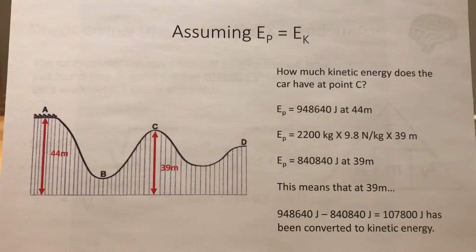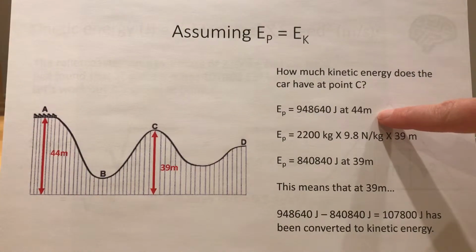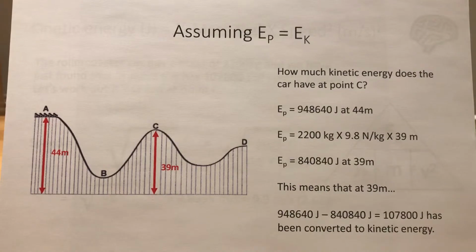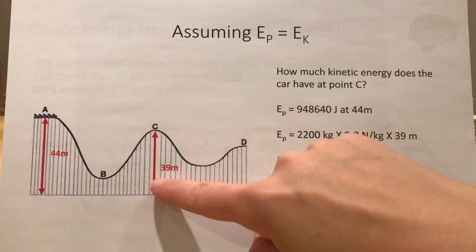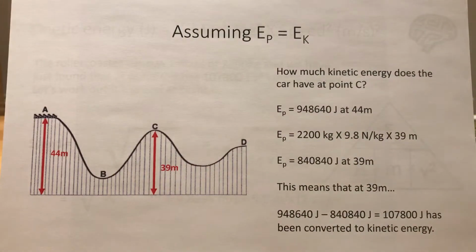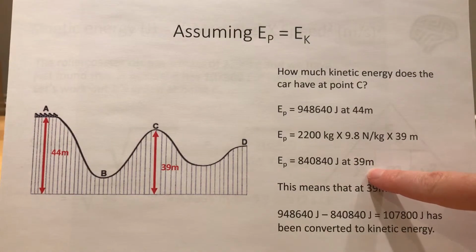Let's work this through. So we calculated on the previous page that the gravitational potential energy at 44 meters was this number here. And we're now going to work it out using exactly the same gravitational potential energy equation. We've just changed it to 39 meters here for the height at point C. So once we calculate that, we get that the gravitational potential energy at point C, 39 meters, is 840,840 joules.